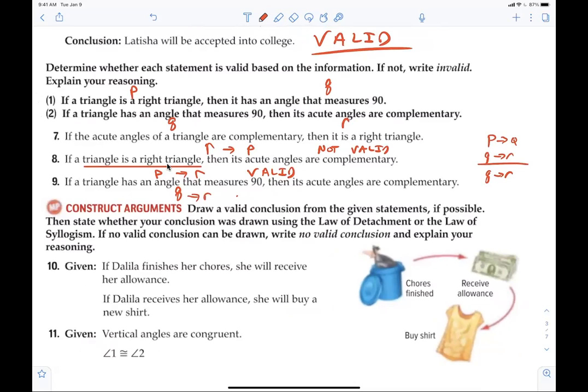I know that's weird, but yeah, it's not in the right order. You have to list out the P, Q, and R. Do you understand how we wrote P up here, then Q, then R? To me, it has to be in that order, and number 8 is the one that has it in the correct order. Therefore, P to R is true.